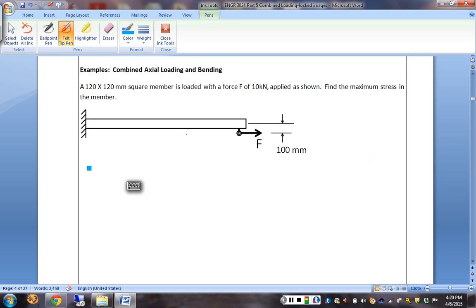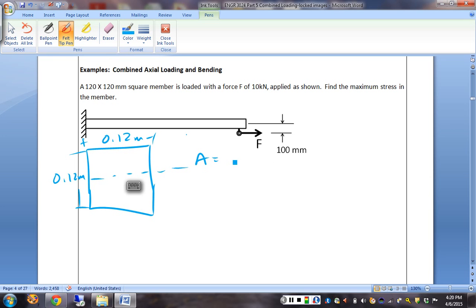We know we're going to need some of these physical quantities, so we have a cross-section that looks like this. If we're given 120 millimeters, we know that that is actually 0.12 on a side. We know it's symmetric, so we've got a neutral axis in the middle.